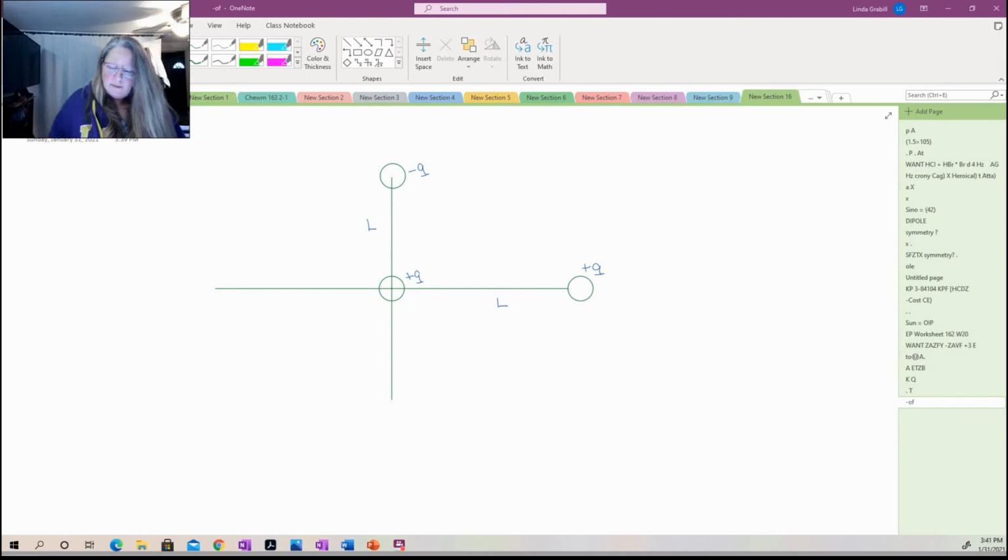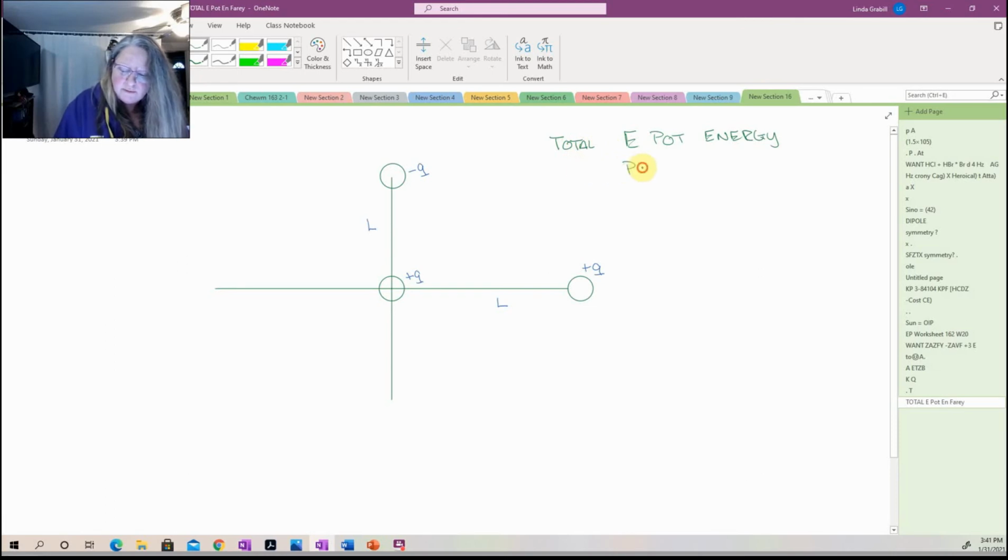Okay, so now let's talk about electric potential energy. If I get a question like this, I could be asking what is the electric potential energy, or the total, or I could be asking what is the potential at some point?